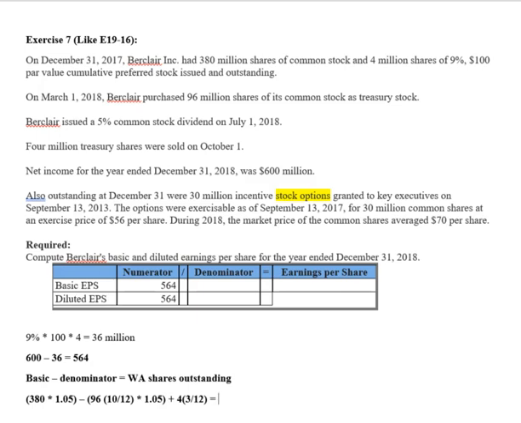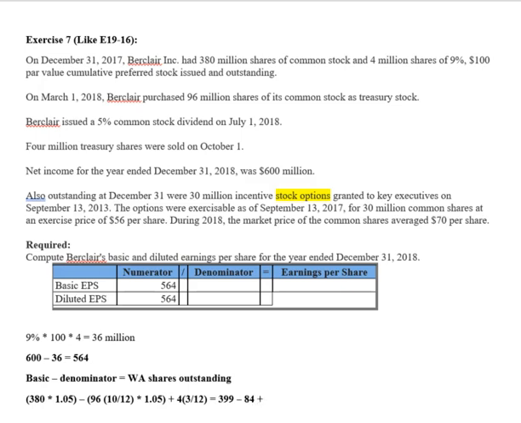Well, let's go through and multiply each of these out just to see what we get. So 380 times our 1.05 gives us 399 minus 96. So we're going to take 96 times our 10 twelfths. That gives us 80, but then we will multiply it by 1.05, and that's going to be 84.